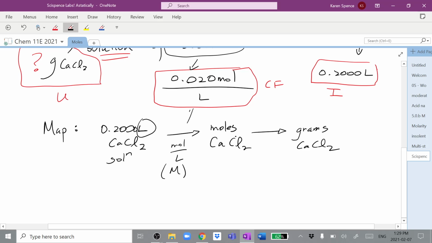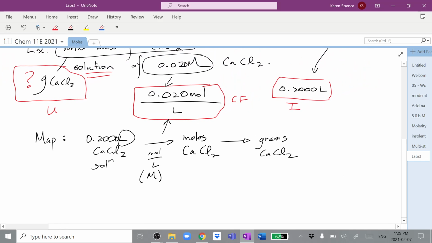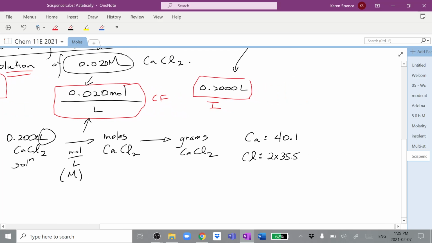Oh, look, it's right there. And we need the molar mass of CaCl2, which I don't know right this second, but I do know that calcium is 40.1, and I know that chlorine is going to be 2 times 35.5, which is 71.0. And that's going to be added to 40.1 because there's just one of those.